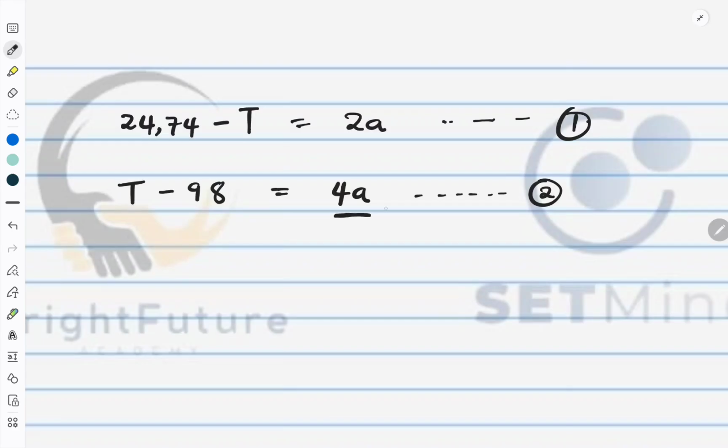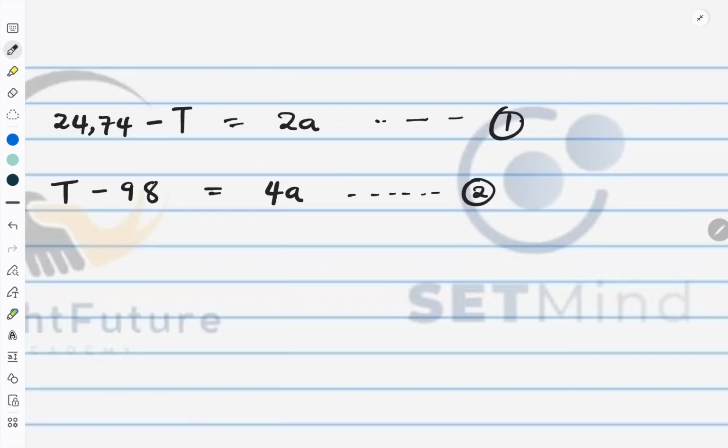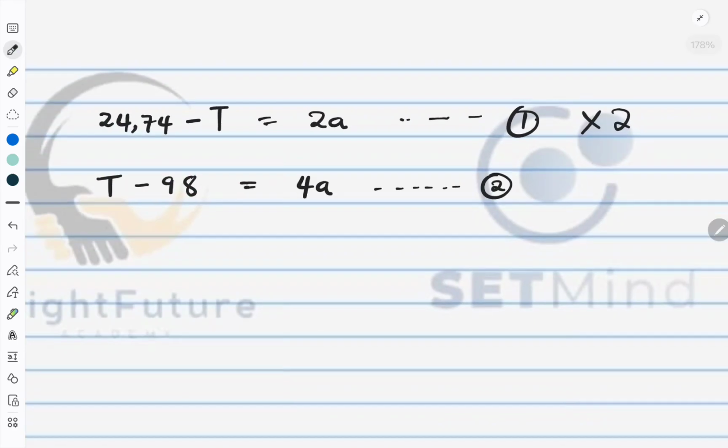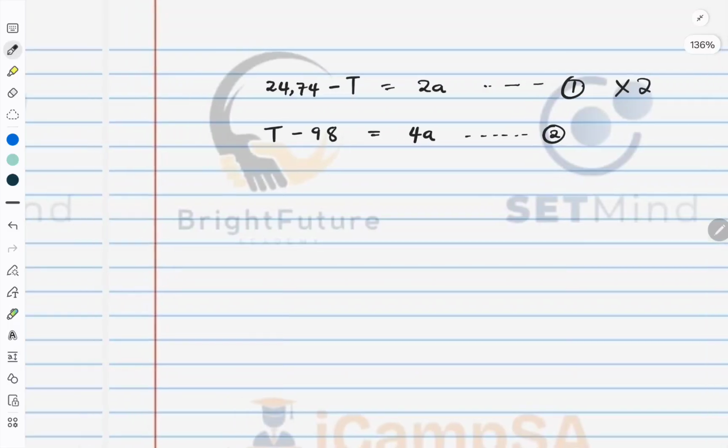So you want to get rid of the a, right? So if I say 4a minus 2a, I will get 2a, right? But I want this to be 0. So what you could have done also is, you can manipulate this, multiply this whole equation by 2. So multiply equation 1 by 2, which will give you a new equation.